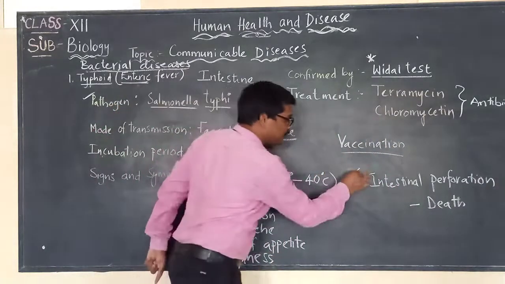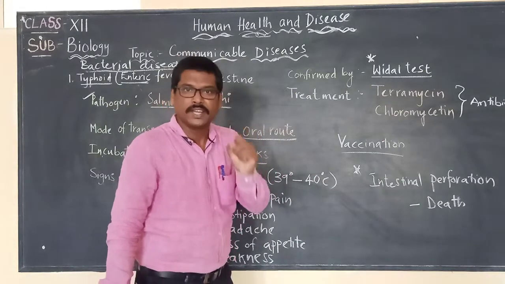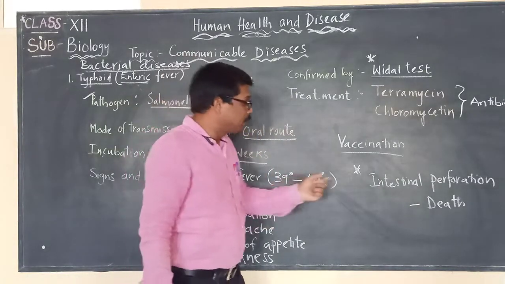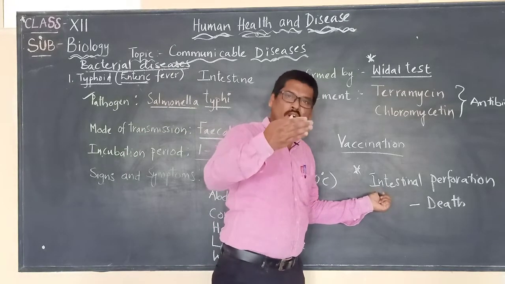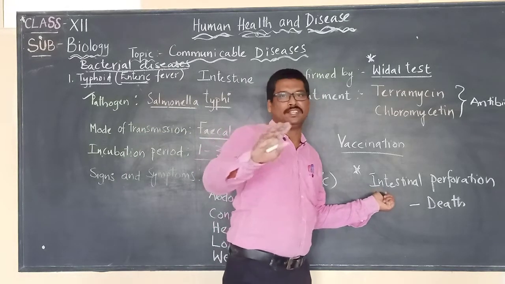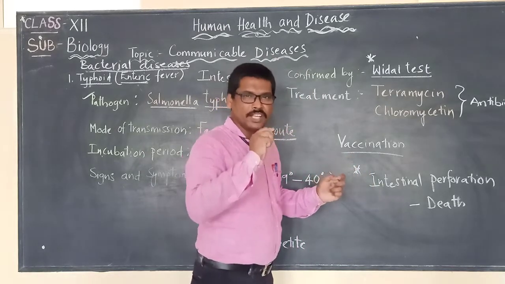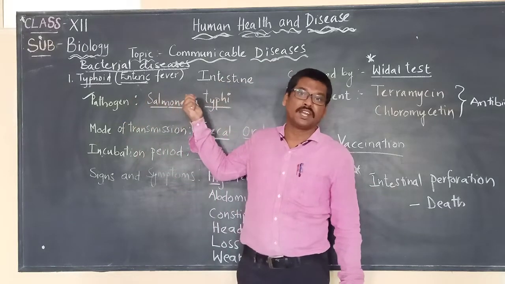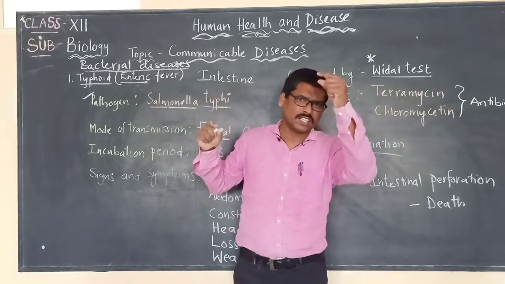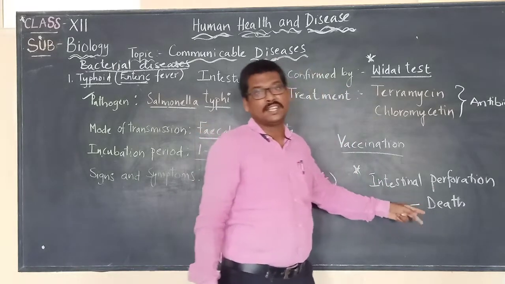This is very important. Intestinal perforation means the intestinal walls will be eroded, destroyed, injured, because of the presence of the bacteria called Salmonella typhi. It will severely damage the inner walls of the intestine and can lead to the death of the individual.